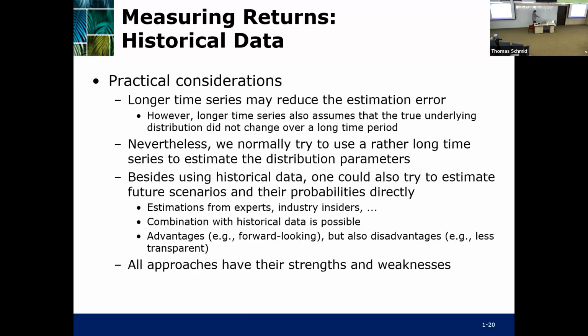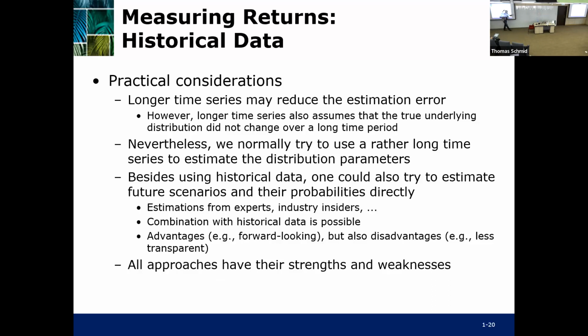So, let me spend more time on these practical considerations. This is actually going back to your question, how long should the time series be? There's a trade-off, as often.